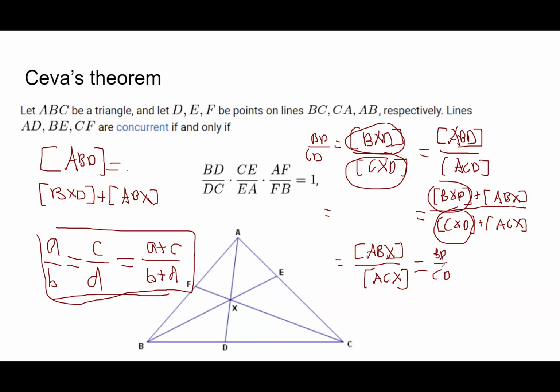And then you can use basically the exact same method to show that CE over EA is equal to the area of BCX over the area of ABX, since ABX is on the bottom.